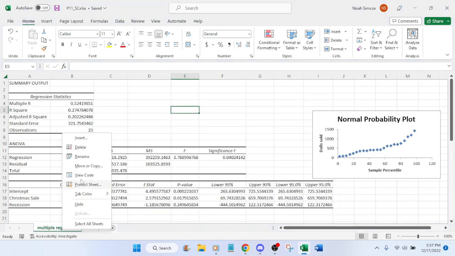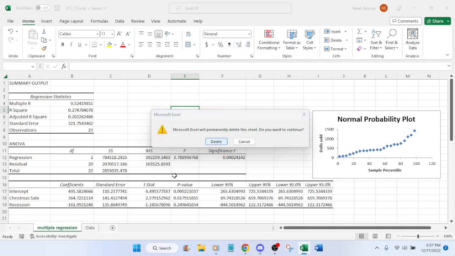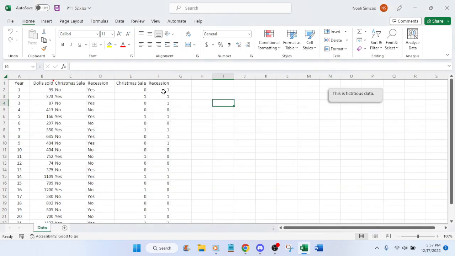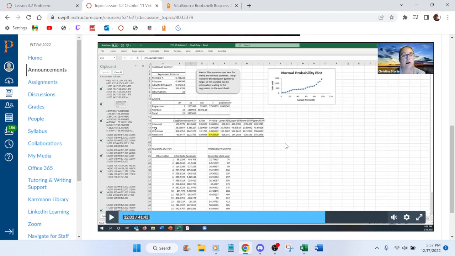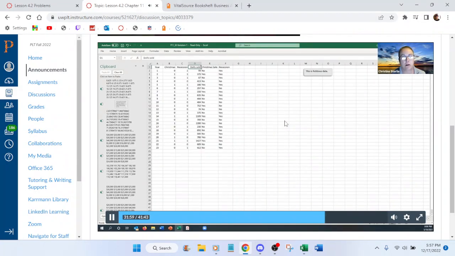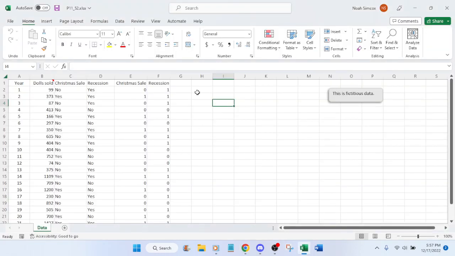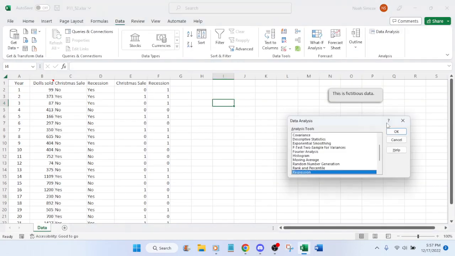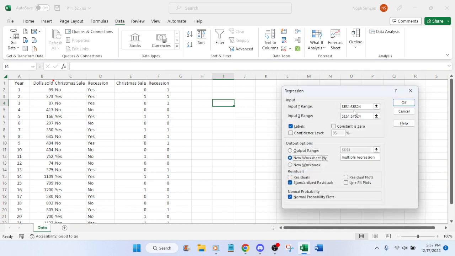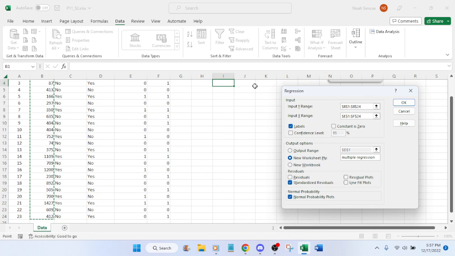I'm going to redo the whole thing and see if I accidentally did these two instead of these, but I highly doubt it. How could we get different answers? Dolls sold 99, 373, 87. It looks the same for the first three cells, so what's going on here? Dolls sold should be that.